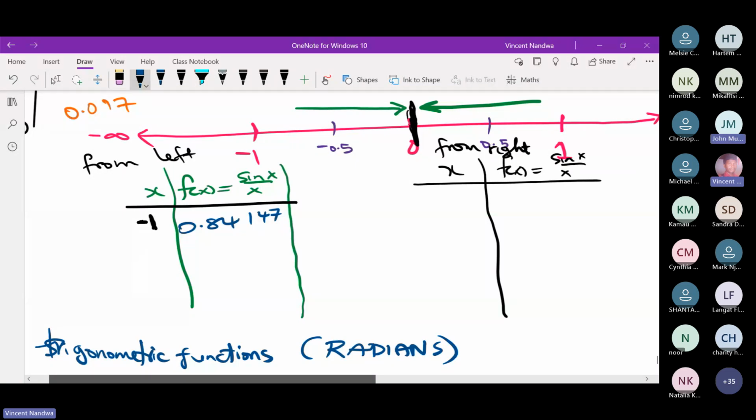Whenever you want to get numerical values using your calculator and the expression has a trigonometric, inverse trigonometric, hyperbolic, or inverse hyperbolic function, the mode must always be in radians. If you work with the mode in degrees, the answers you get will be wrong. Correct. And then with the same calculator, can you now get for me the value of sine x over x when x is 1?